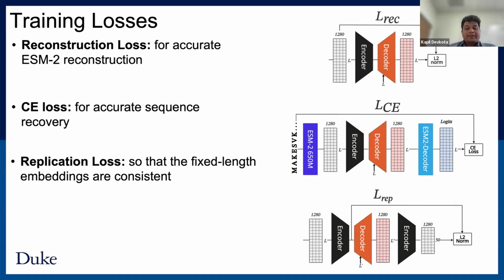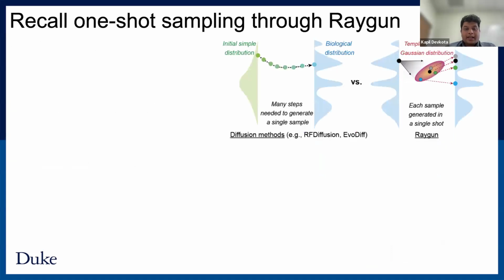When these two different variable length embeddings are again passed to the encoder, they should produce the same fixed length representation. So this circularity condition is added as a regularization loss to ensure that the model is trained well. And so that does the training part.